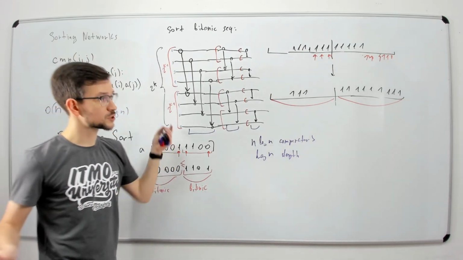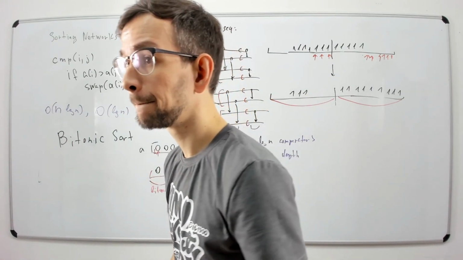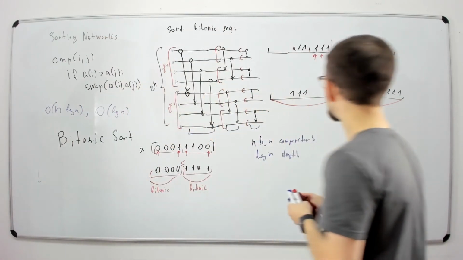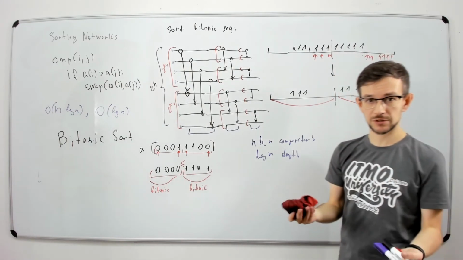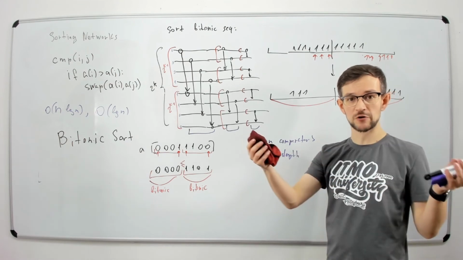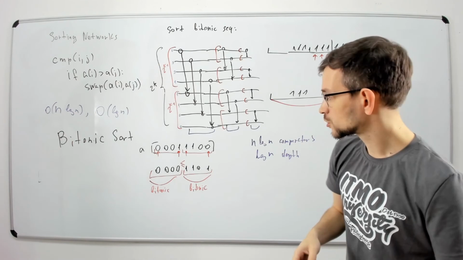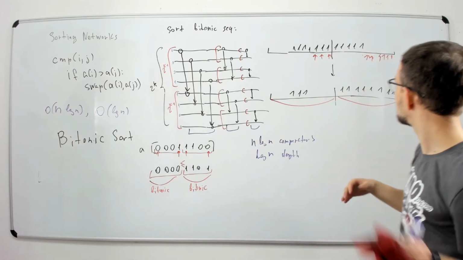But how to use this sort when you need to sort some arbitrary array? This is how you sort the Bitonic sequence, but you need to sort some arbitrary array. So you're given some array, and you need to sort it. This array is not Bitonic usually. So how to sort the array which is not Bitonic?